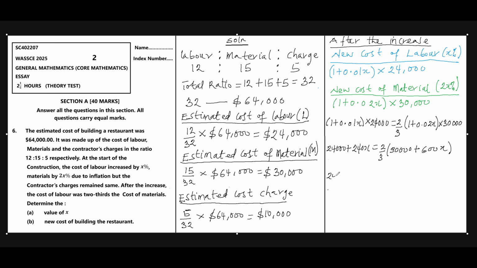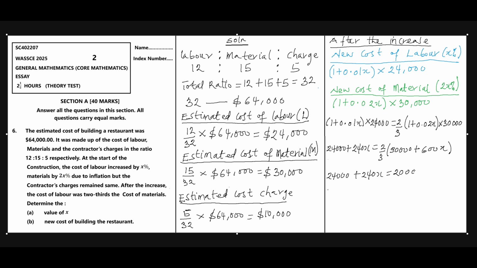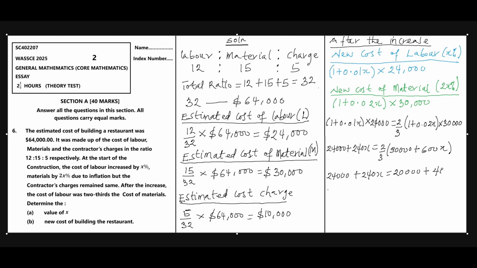So we have 24,000 plus 240x, which should be equal to, when we expand, 2 out of 3 multiplied by 30,000, so we have 20,000, plus two-thirds multiplied by 600x. 2 out of 3 multiplied by 600 will give us 400x.